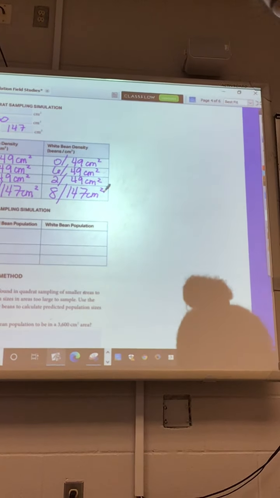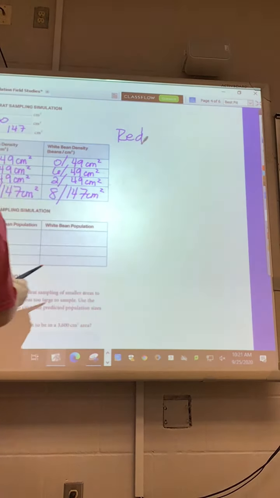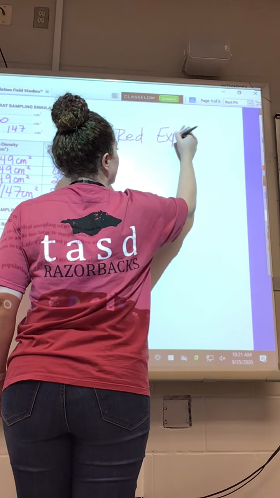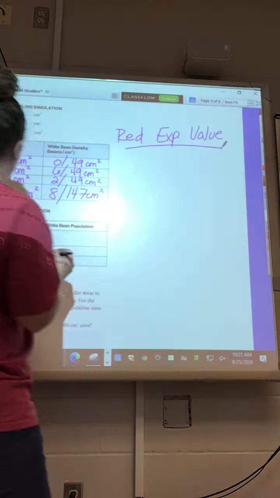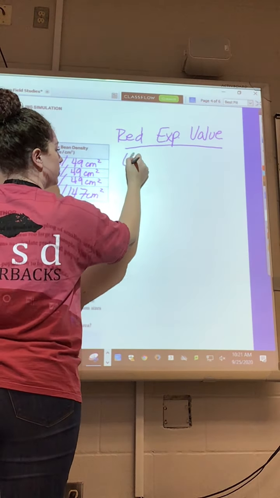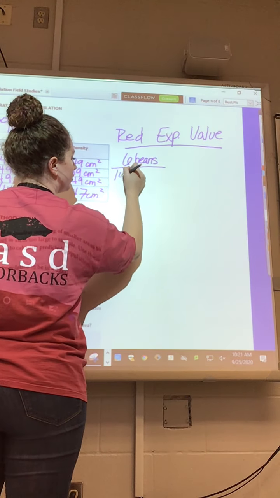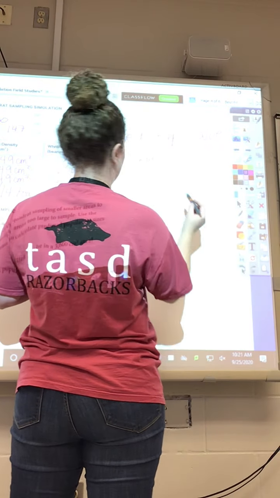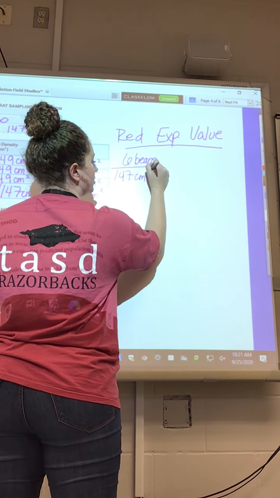Let me move this over for you. For the red beans, this is my experimental value. I had an average of 6 beans for 147 centimeters squared.